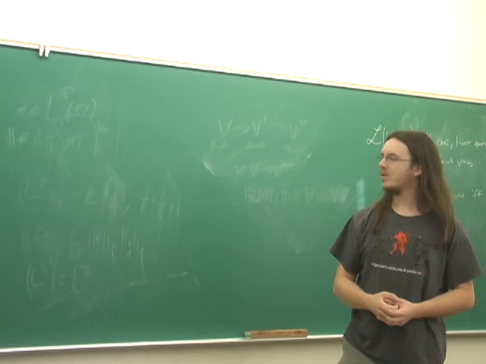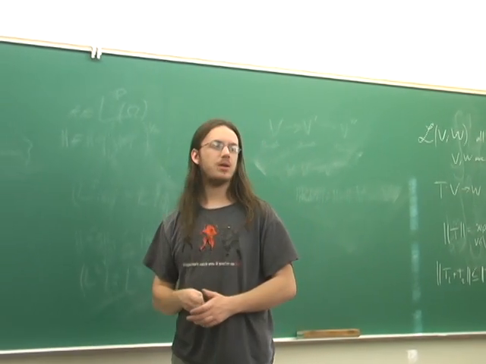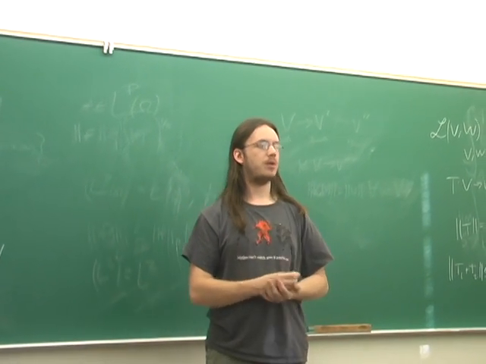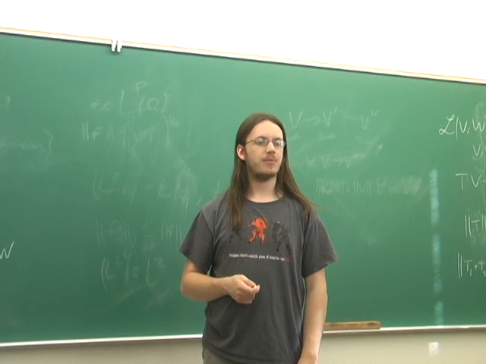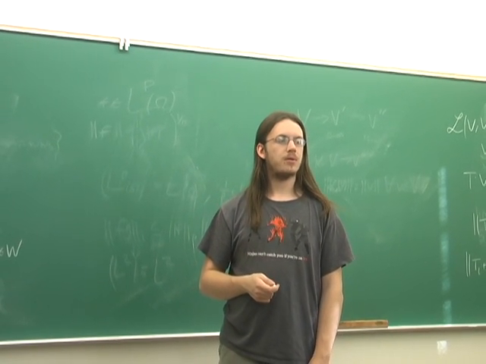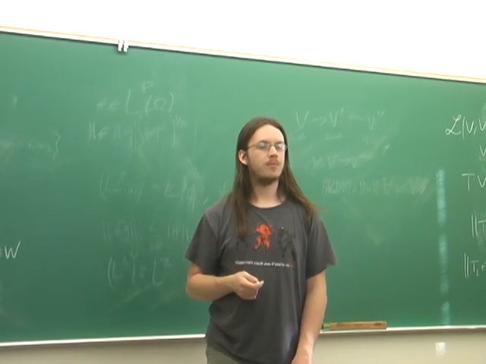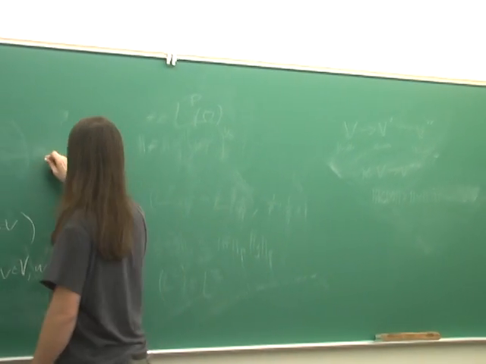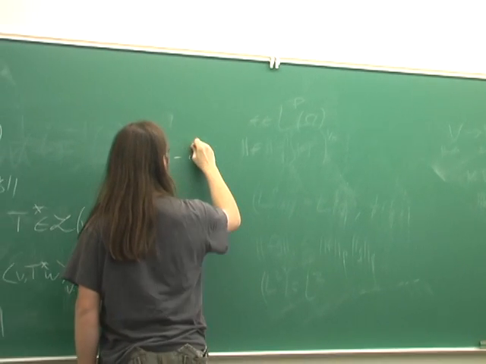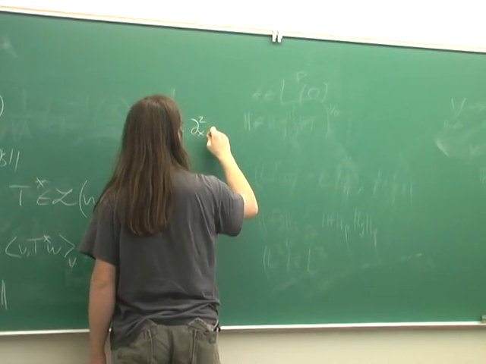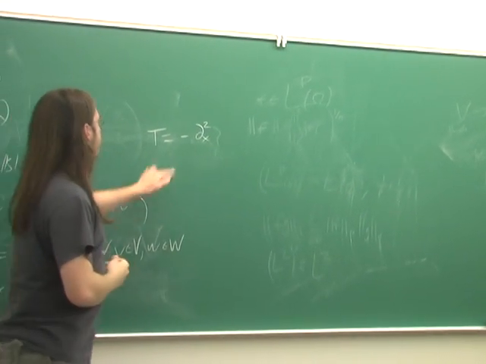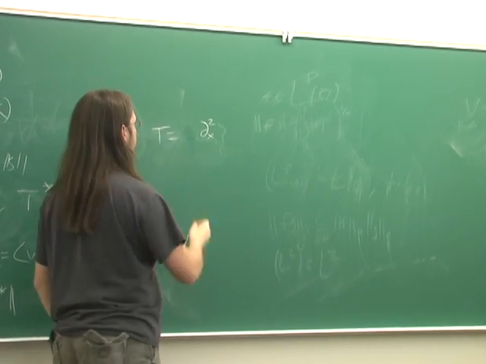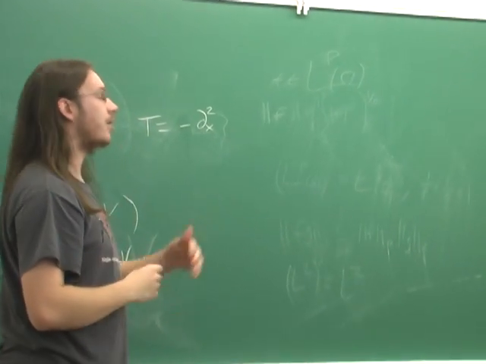What do you think? Take functions on the interval 0 to pi, and the operator to be the negative second derivative. Put the negative there because that makes it positive.